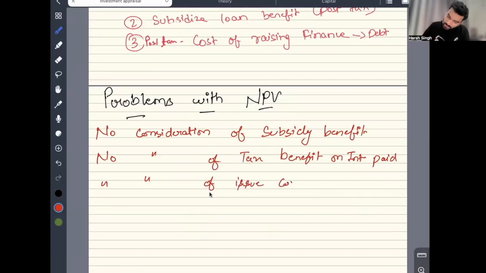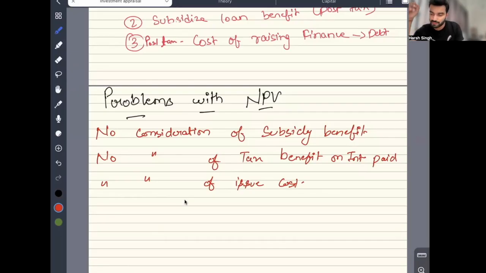Third, no consideration of issue cost. To take on a project, you will have to raise debt, you will have to raise equity. But don't you think there will be certain cost associated just to raise that amount? There will be certain cost associated with all of these.